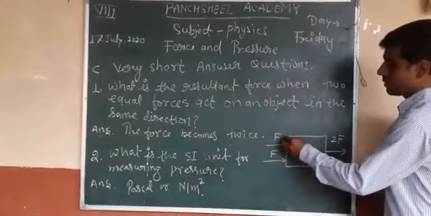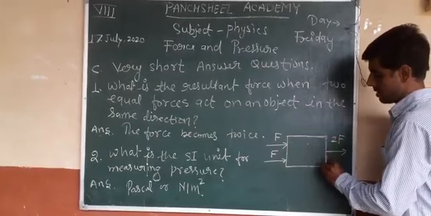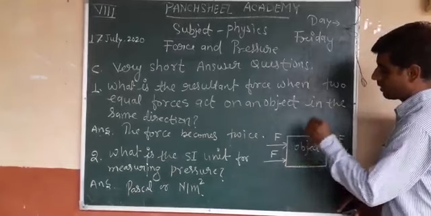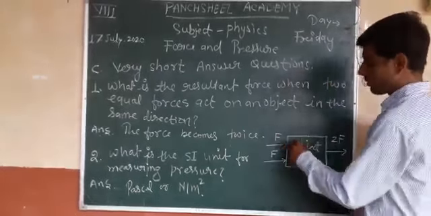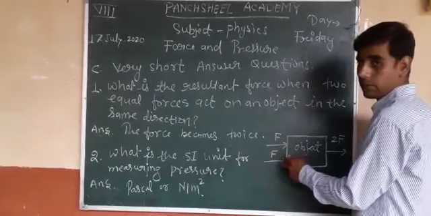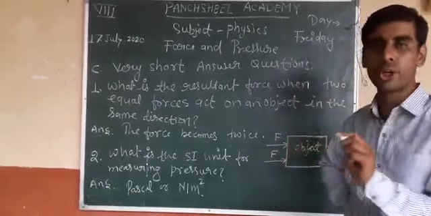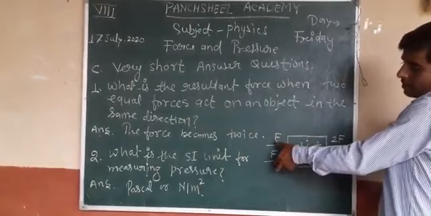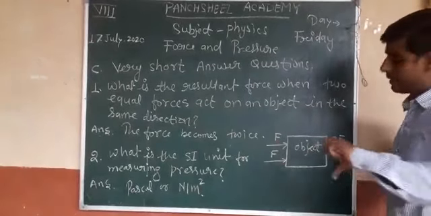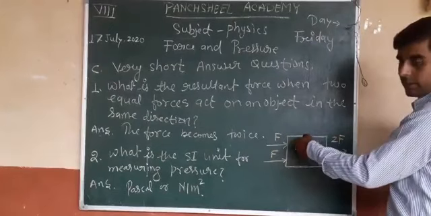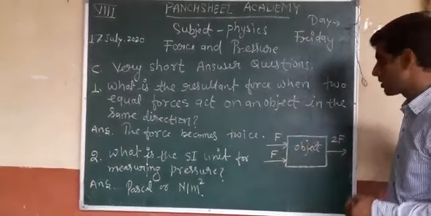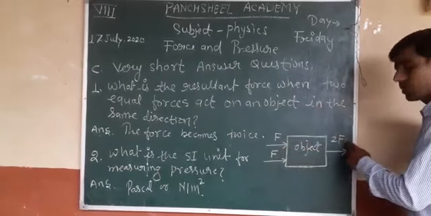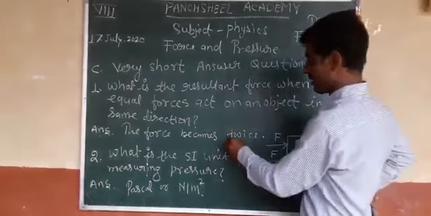Suppose this is the object, and if two equal forces, suppose first force is F and second force is F, both have the same magnitude F. Okay, so if both the forces are applied in the same direction, this force is in this direction and this force is also in this direction. So what is the resultant force? F becomes 2F. So the force becomes twice.